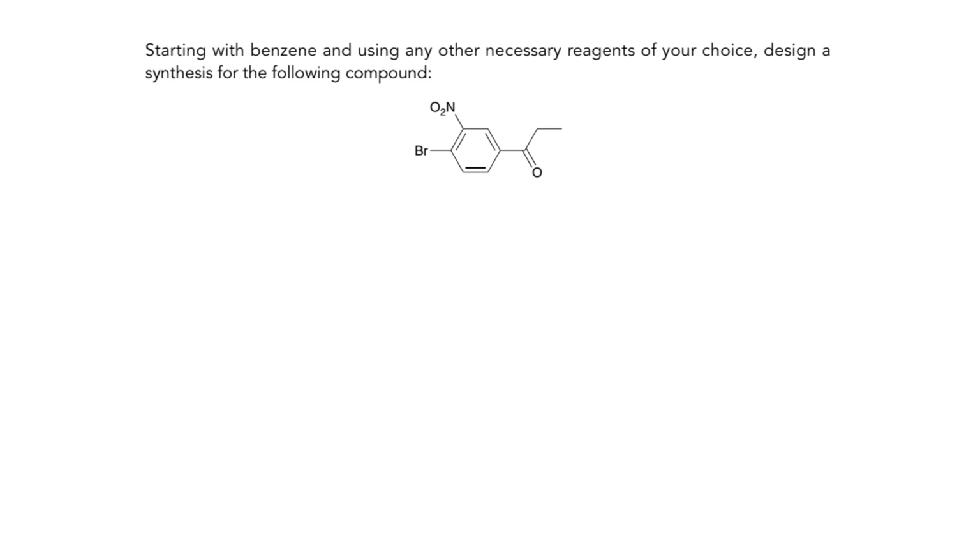Now, you would think this one's a little more complicated, but really it's not that bad because you guys know when you do a synthesis problem, you should always start by doing some retrosynthesis. At least maybe one retrosynthesis step, right? I told you guys that you don't have to do retrosynthesis all the way, but at least think about retrosynthesis for at least one step, right? Go backwards one step.